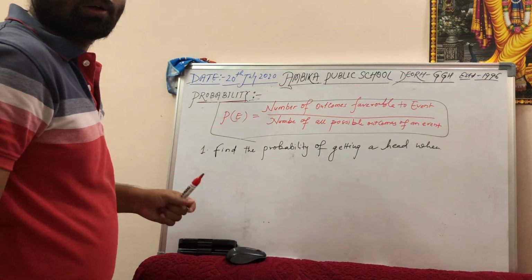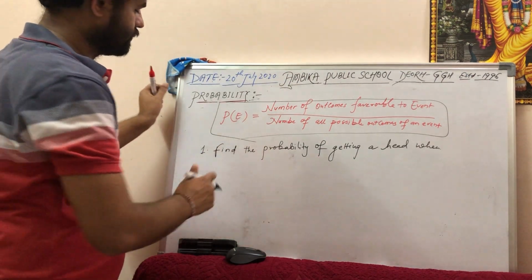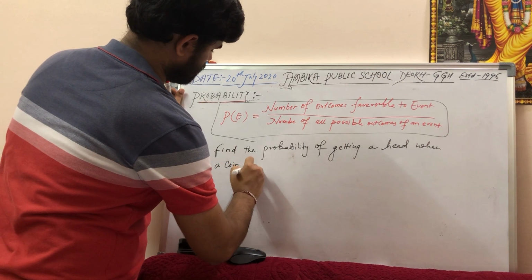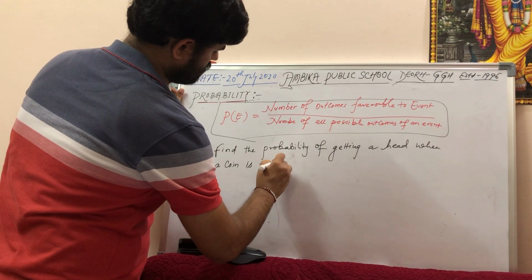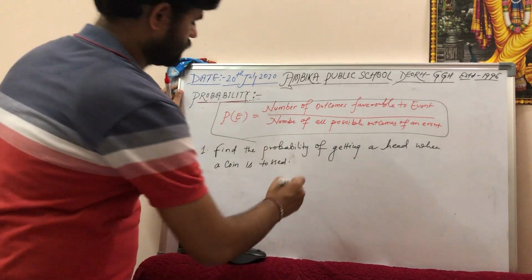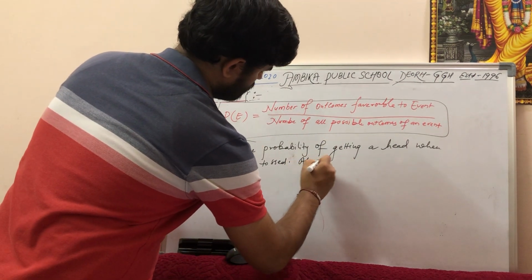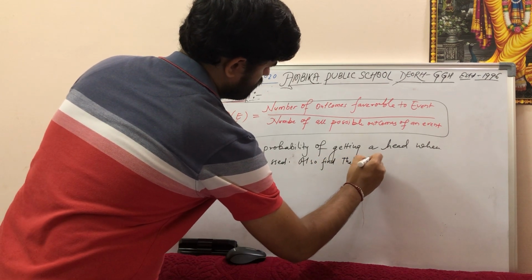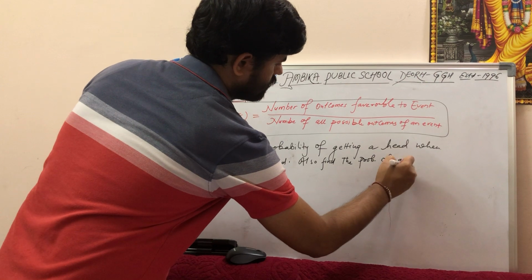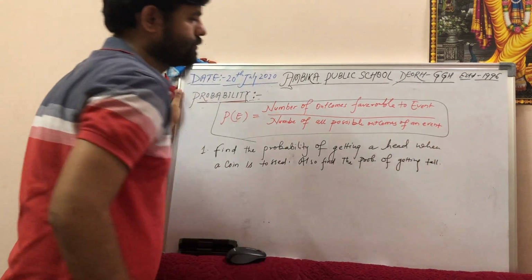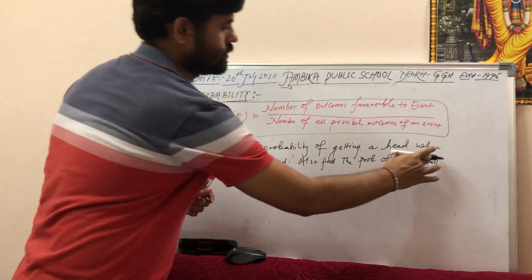Also find the probability of getting tail.